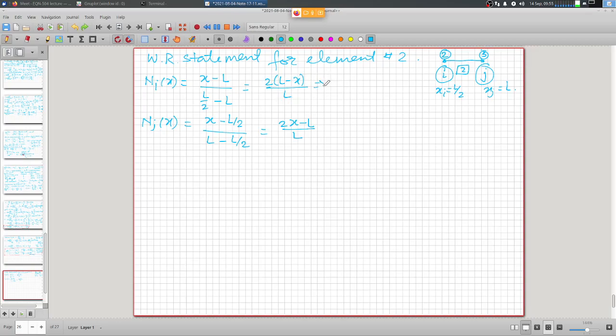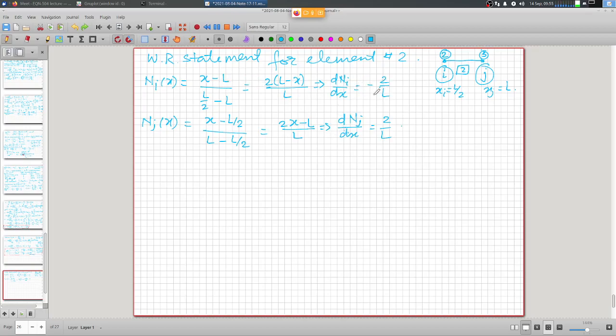And similarly, analogously, dNi by dx is equal to minus 2 by L, dNj by dx is equal to 2 by L. So you can see the similarity here.